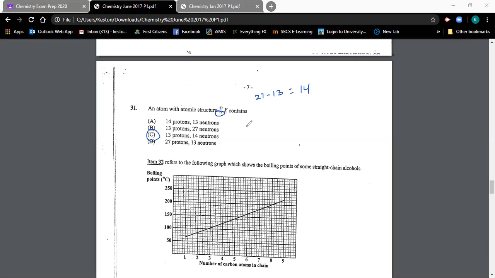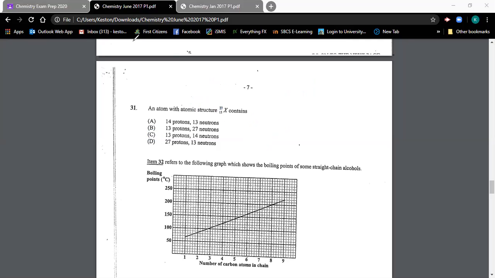The number at the bottom is always the proton number, or what you call the atomic number, and the atomic number tells us the number of protons. The number at the top is our mass number, and that's the sum of protons and neutrons. So if the mass number adds up to 27, and we know the number of protons is 13, we just do a simple subtraction to get the number of neutrons.